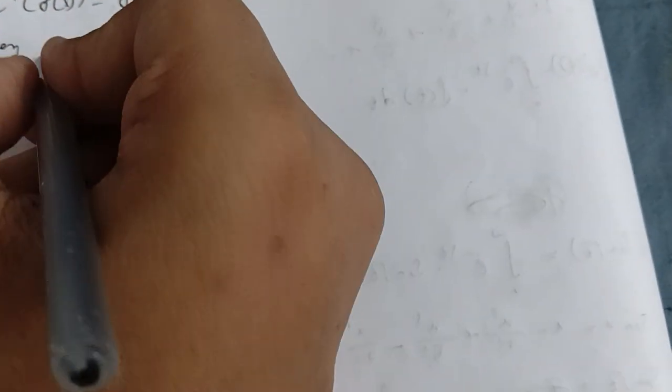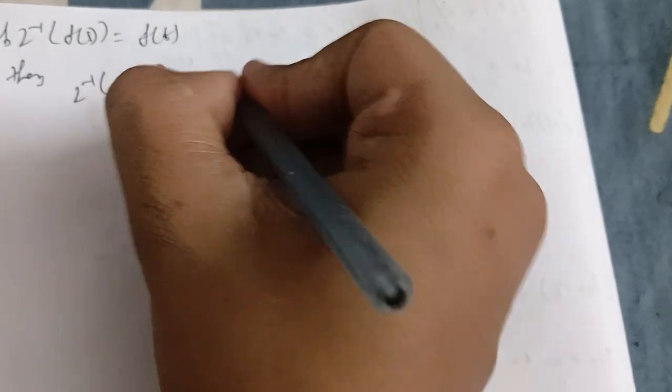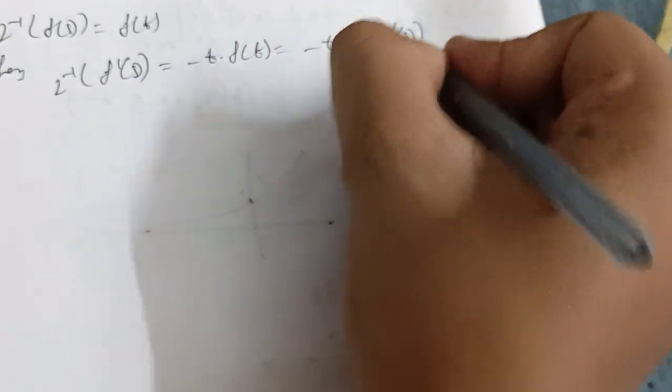So now about the inverse formula. If Laplace inverse of F(s) is equal to f(t), then Laplace inverse of F dash of s is equal to minus t f(t), or minus t Laplace inverse of F(s).